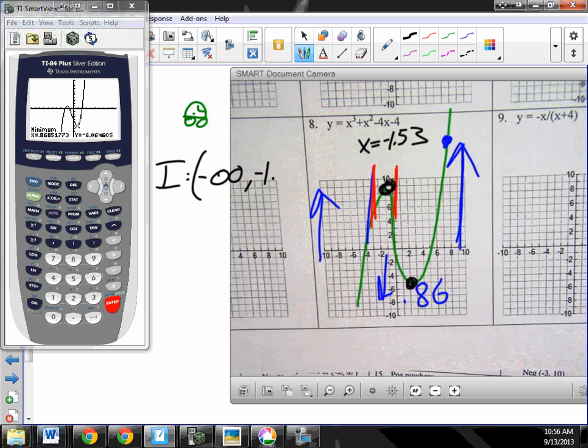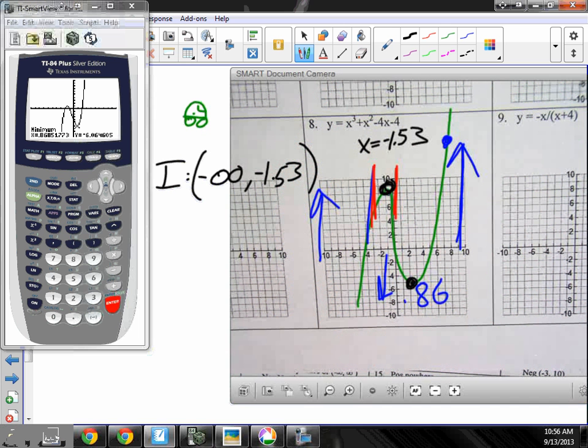Negative 1.53. So that takes care of the piece on the left. The piece on the right begins at 0.86 and it ends at infinity. And then my decrease would be from negative 1.5 until 0.86.